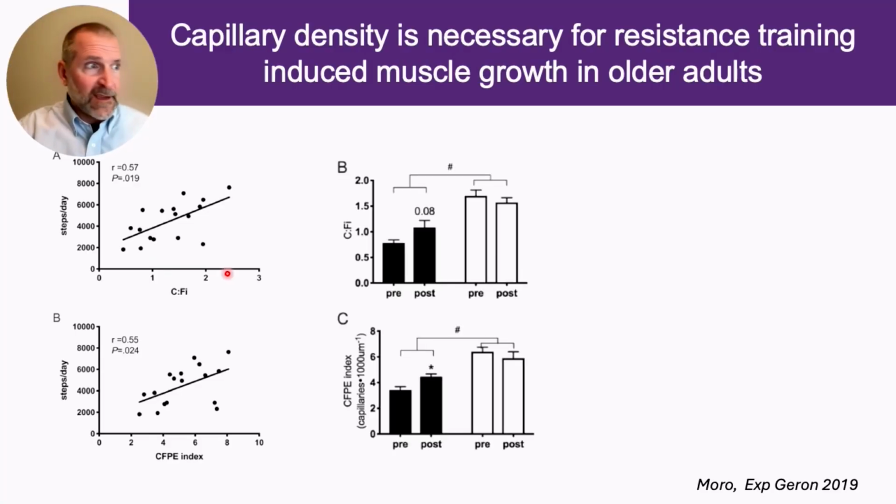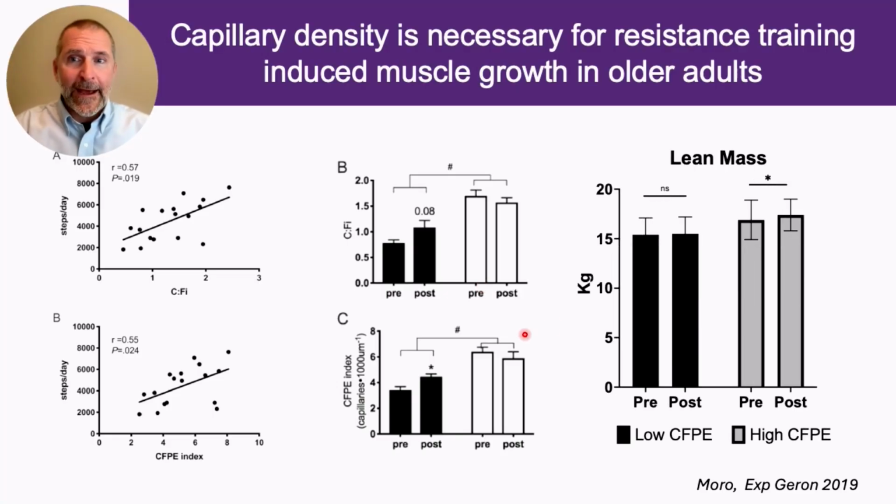So this particular study had an interesting approach where they split the participants into a low capillary density group, that's the black bars, and a high capillary density group here, that's the white bars. And then they underwent a resistance training protocol. So the low capillary group actually increased capillarization with resistance training, whereas the high capillary group had no change. So denoting that there might actually be a threshold for which an adequate amount of capillary density is necessary for muscle health.